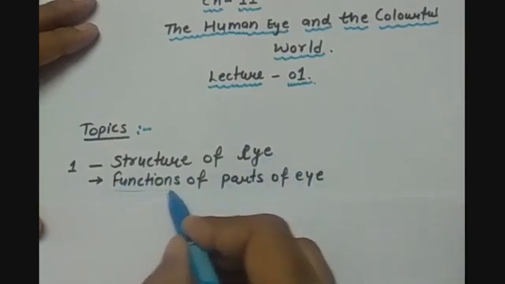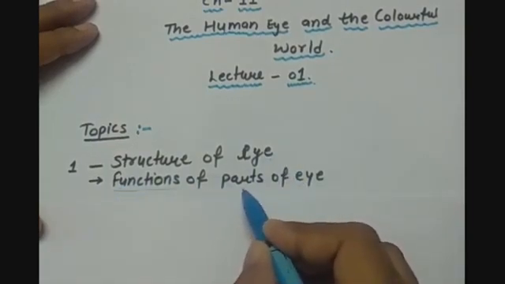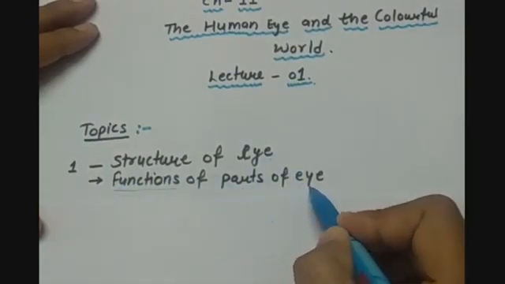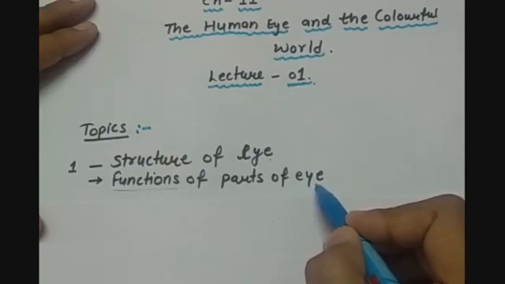We will also study the various functions of the parts of eye, and we will see finally how the eye forms the image of any object which it sees.